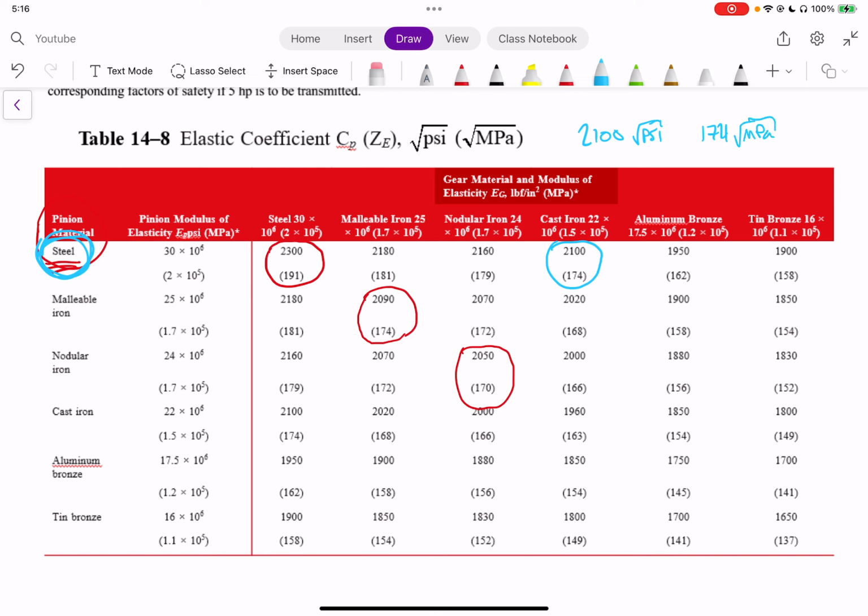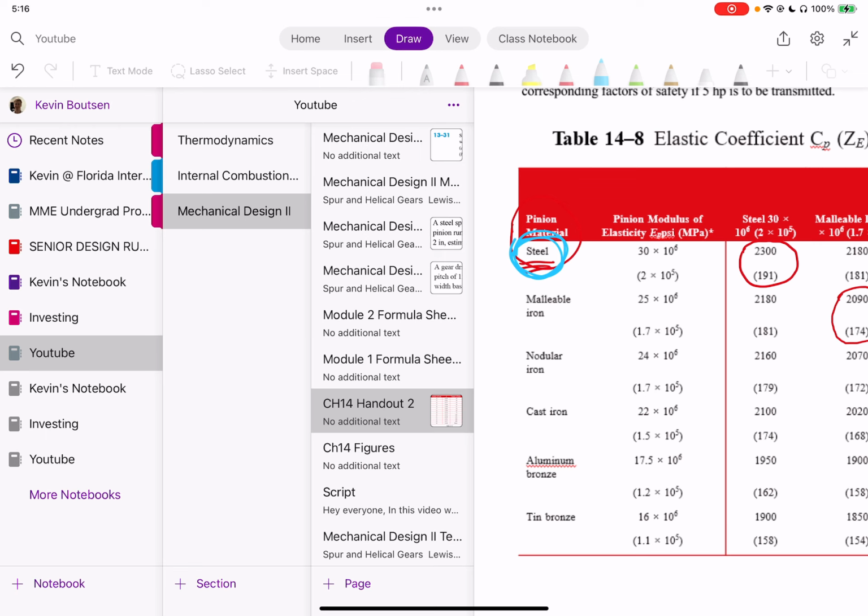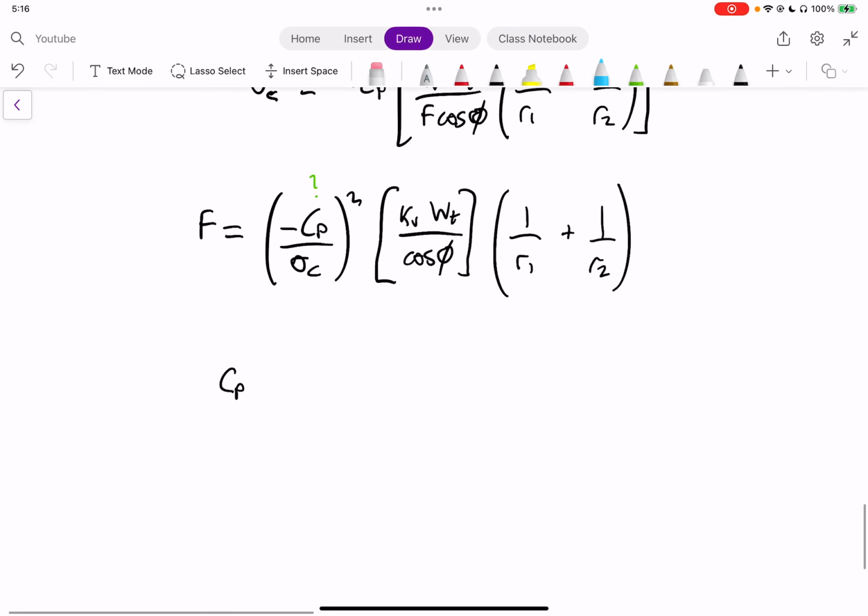Now we're going to use US units because our problem is in US units, so we're going to use square root of PSI. We're going to go back to our problem and write that Cp is going to be equal to 2,100 square root of PSI.